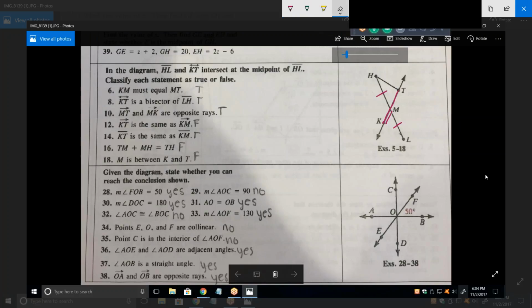That's true. Why? Because they're on the same line. Now hold on. You're saying ray KT is the same as ray KM.